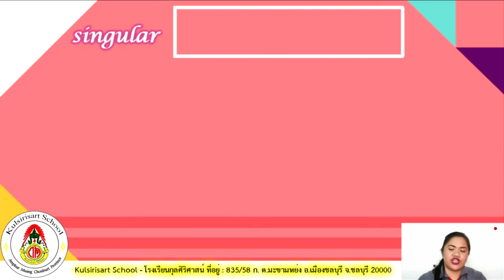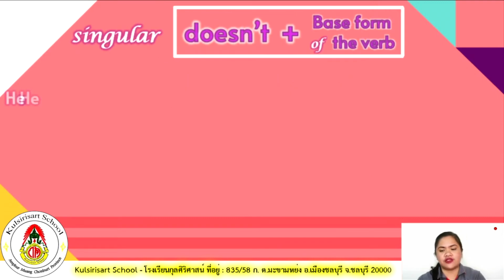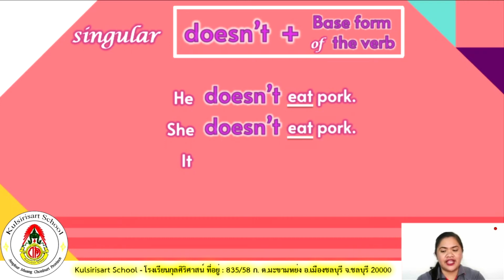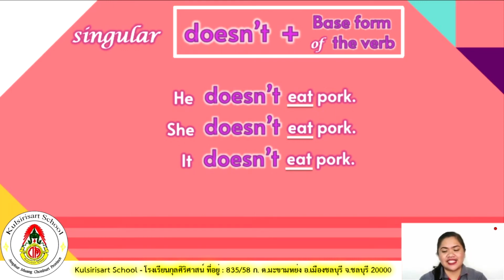We have the singular form of pronouns. We have the he, she, and it. Now this time, instead of using does not, we use doesn't and then eat pork. He doesn't eat pork. Then, she doesn't eat pork. And then, it doesn't eat pork. Okay, again, let's read the following sentences.